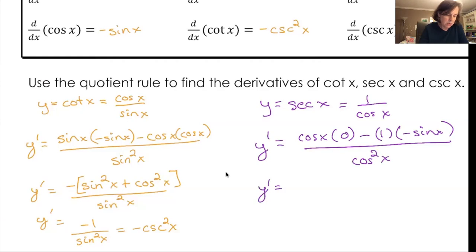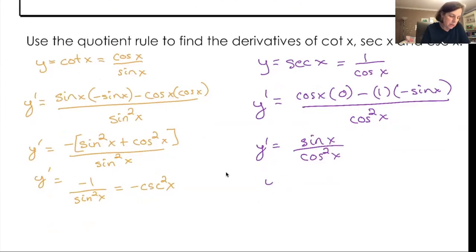All right, so cosine x times 0, this is just 0. And then I have plus sine x over cosine squared of x. The way this is usually written is that we separate that out, and we have 1 over cosine of x times sine of x over cosine of x.